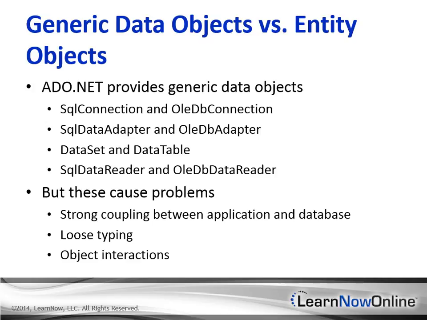The problem is that every one of those non-trivial applications has had to deal with the object's limitations over and over again. But for about a decade, it was the best we had, short of manually developing custom entity objects that encapsulate all the data access code, but require massive amounts of custom code.